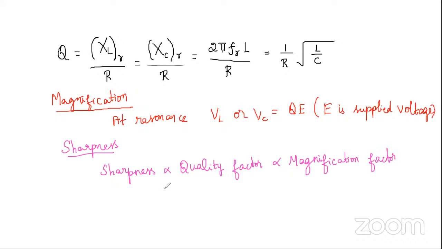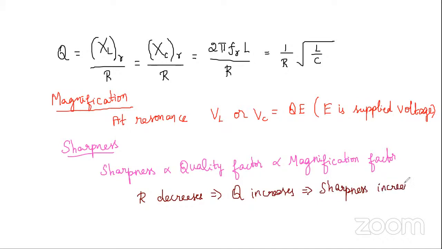So this means when your R decreases, what is the meaning of this? When your resistance decreases, that will lead to an increase in quality factor, that is Q increases, and that means your sharpness also increases. All these things are important.